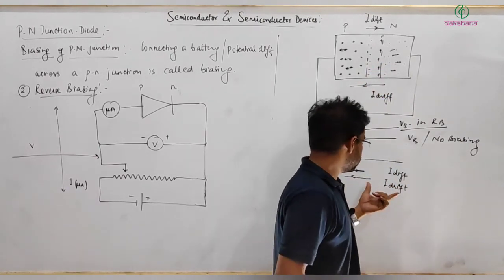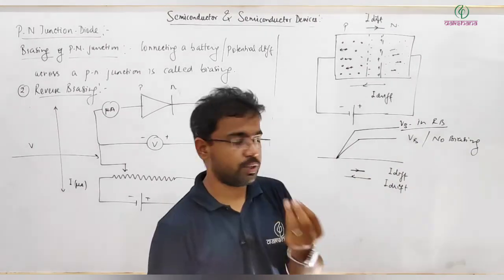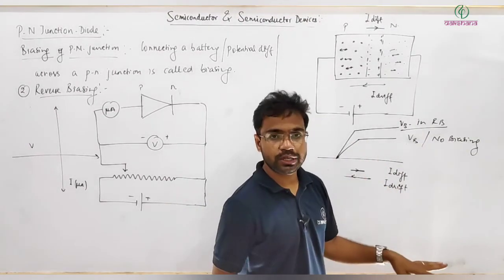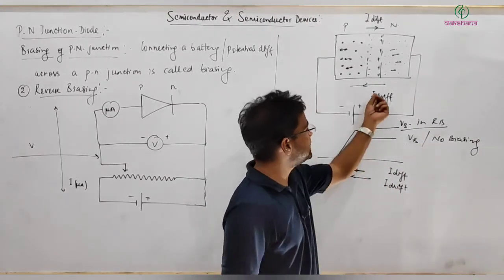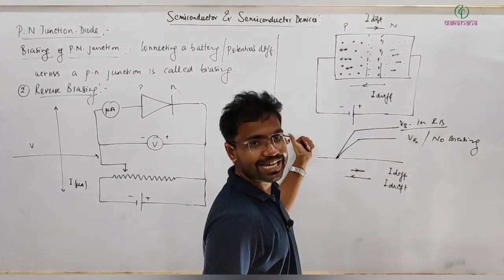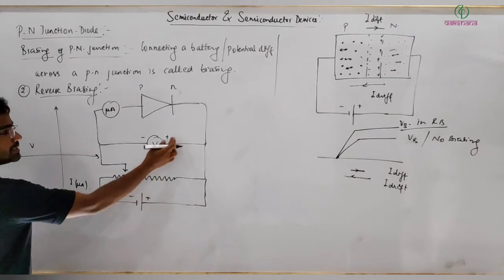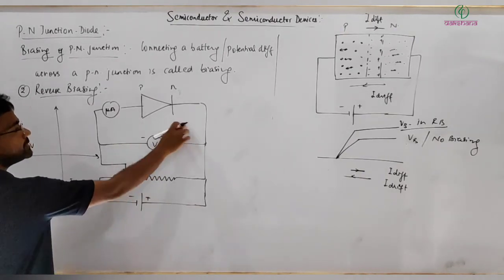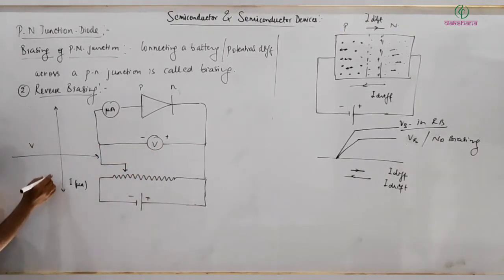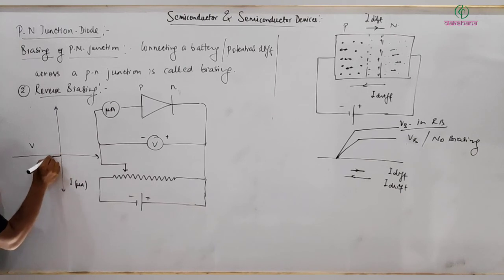Because of that, drift current increases by a very small amount and diffusion current almost reduces. So overall there will be a small current flowing in the opposite direction: earlier it was flowing this side, now it will flow this side. So here the current is very small.